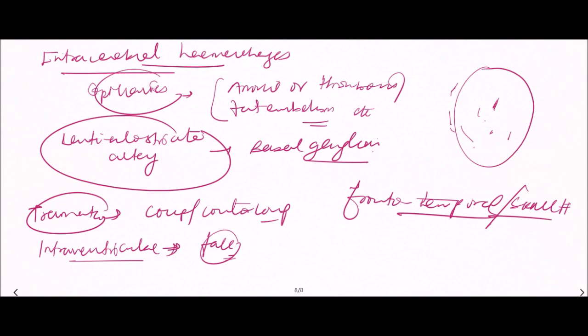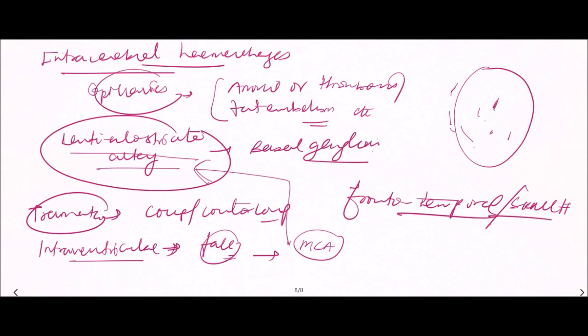Non-traumatic bleeding is also commonly seen in alcoholics or with any kind of physical assault. The usual source of these hemorrhages is the same artery, the lenticulostriate artery. This artery is the branch of the middle cerebral artery, and it is the main source of intraventricular hemorrhages.